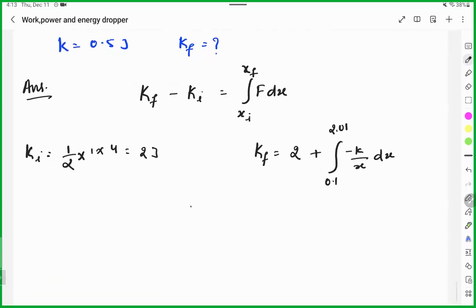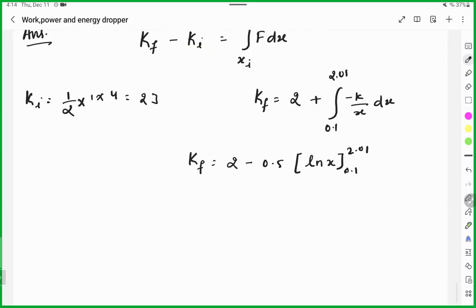So how to calculate? K can come out and K value is 0.5. So minus 0.5, 1 by X, if you integrate, what will be the value? Natural log X? Yes or no? From 0.1 to 2.01. Correct?